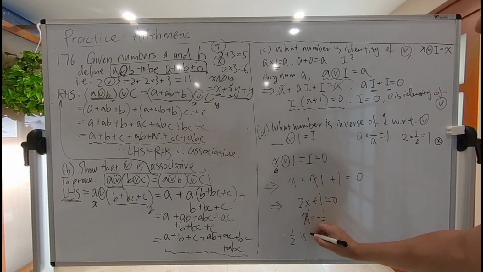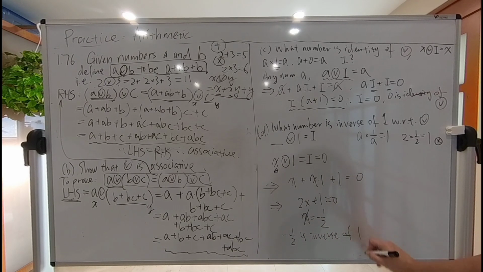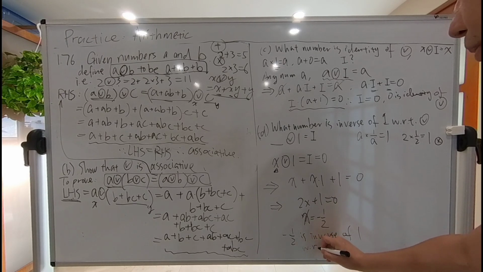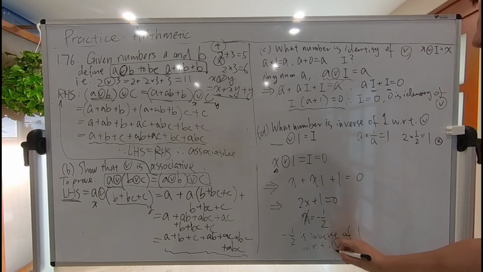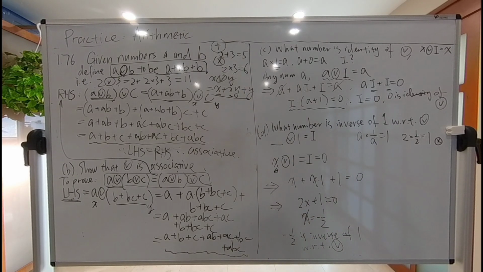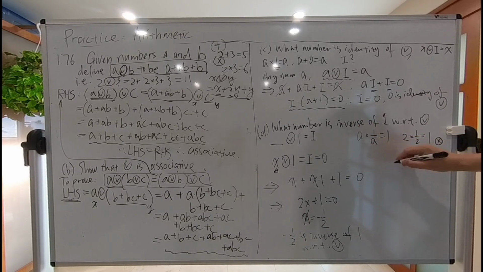So minus 1 over 2 is the inverse of 1 with respect to this operator. And we can verify that. Basically, if this is an inverse, then the operating result should equal the identity.